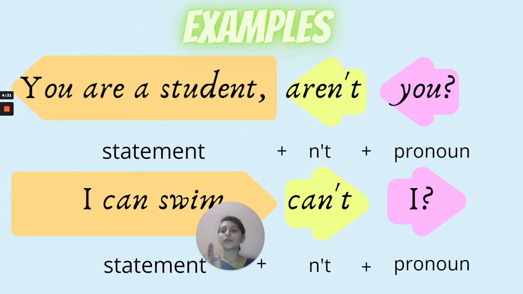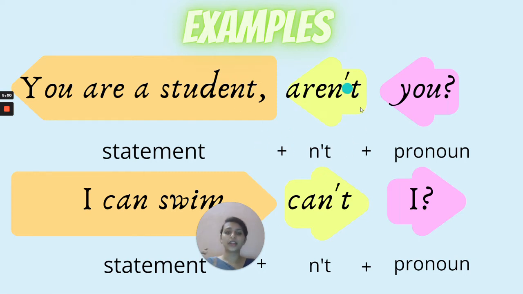Now what does the rule say? Statement plus contractions, or otherwise you can say n't, plus a pronoun. So, you are a student is a statement. Aren't is the word which is a contraction, and you is the pronoun.